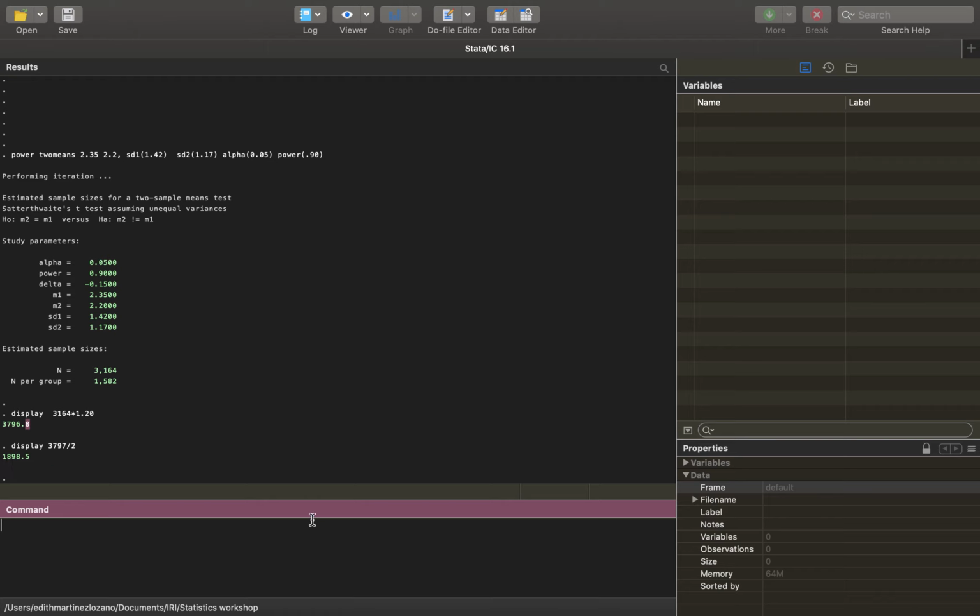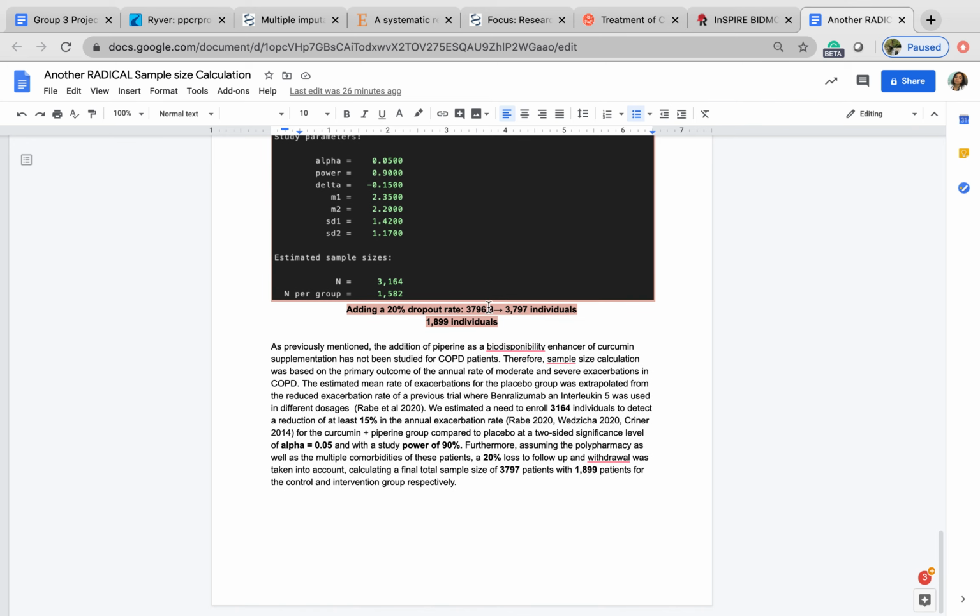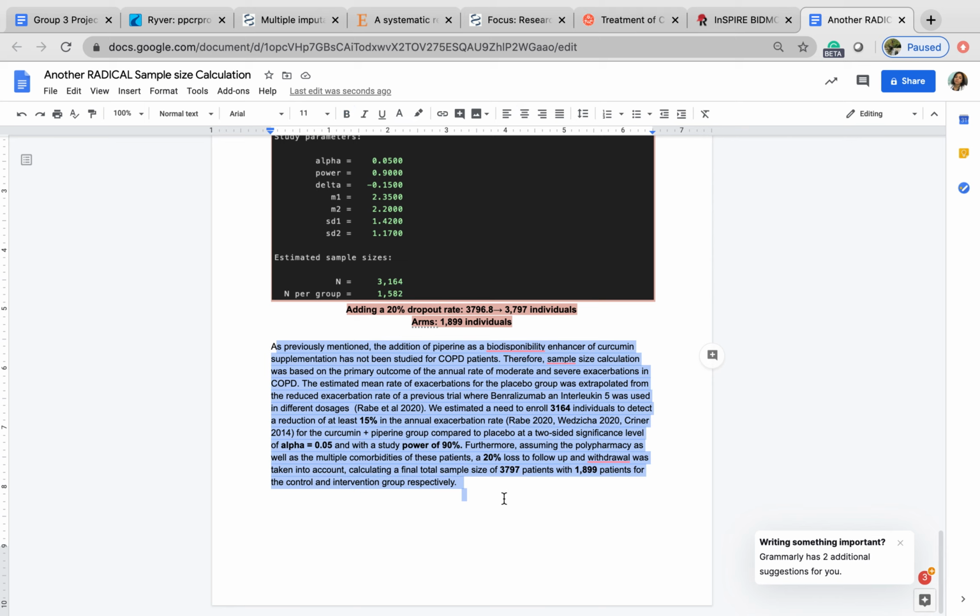So here I put you guys the window that I showed you before, and here it is. Adding a 20% dropout rate, we're gonna have this many individuals, and if we divide it by arms, we're gonna have 1,899 individuals. If you want to put it in nice and pretty words, this is the way to put it.